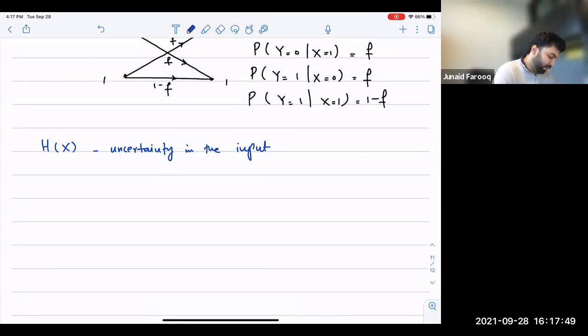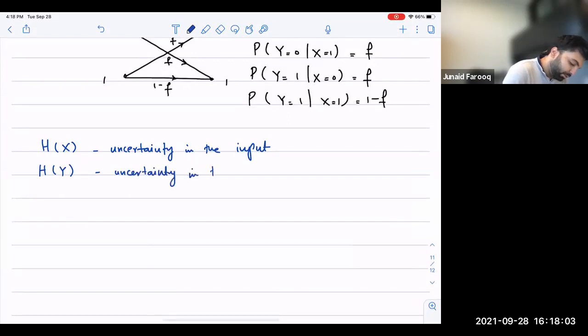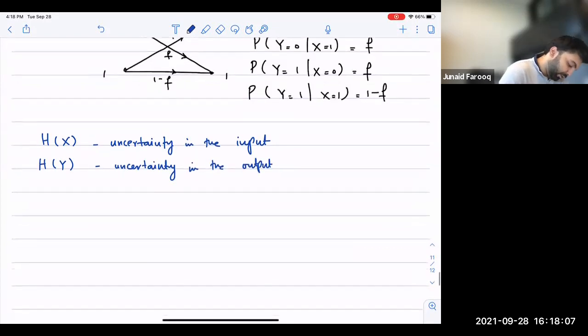So if H of X is the uncertainty in the input and H of Y is the uncertainty in the output, and let's say H of X,Y is the joint uncertainty in both input and output.